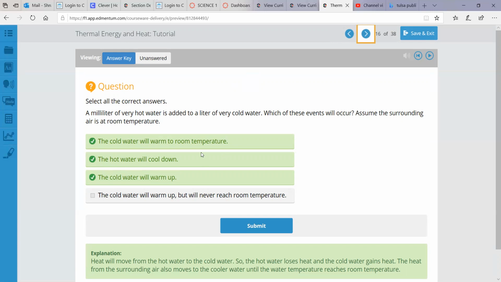So the cold water, the milliliter of hot water plus the air from around the room will warm up the cold water eventually. And the hot water cools down and the cold water warms up. So those three are correct.